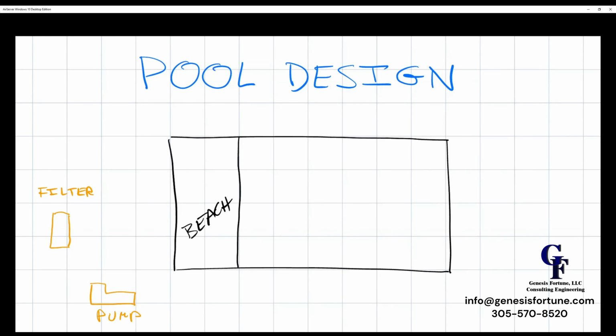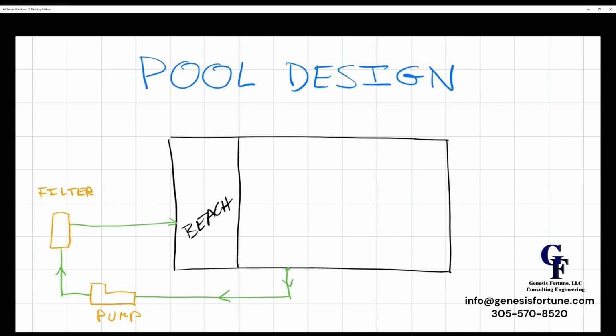And some lines connecting the pool with the pump, with the filter. Let me make it simple like this. And then from the filter back into the pool. So the flow will be something like this.